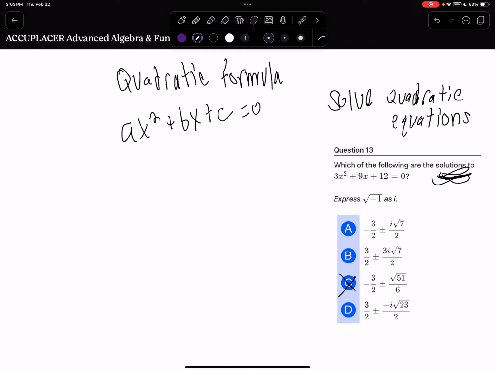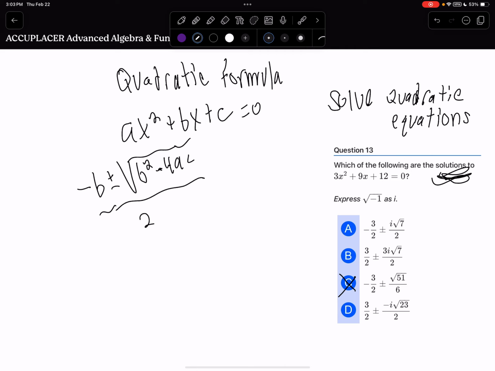So here's the formula. Minus b plus or minus the square root of b squared minus 4ac, all over 2a. It looks like a nightmare.